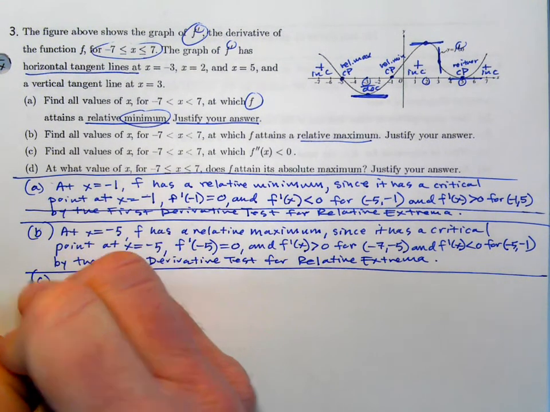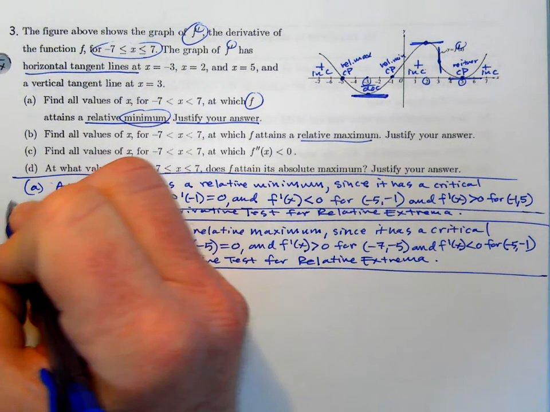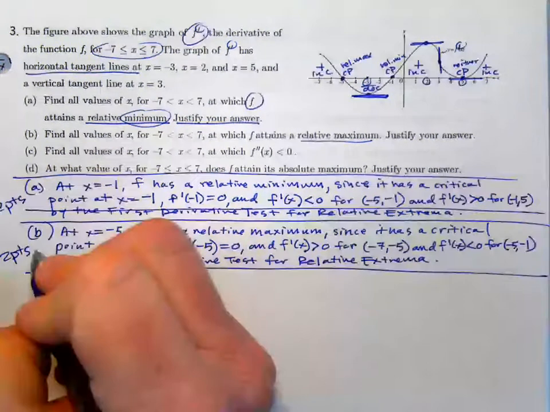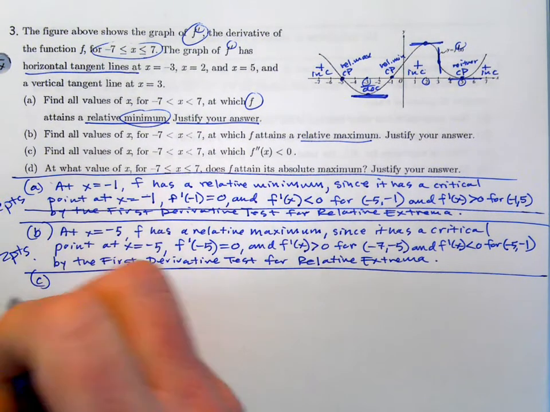Okay. 2 points, 2 points, 2 points, 1 point for the answer, 1 point for the justification. Part C is 2 points.